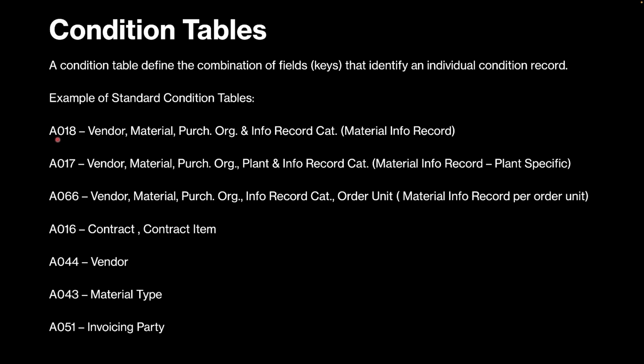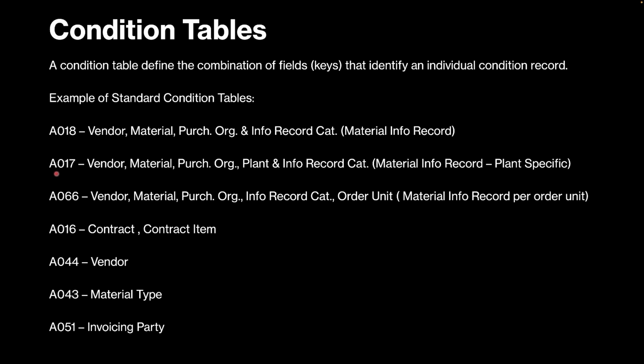This table number 18 is for the combination of vendor, material, purchase organization and info record category. That is, this table represents the material info record. An info record is basically a combination of material and vendor master, and it also has an info record category. So you combine all these fields and create this particular table.